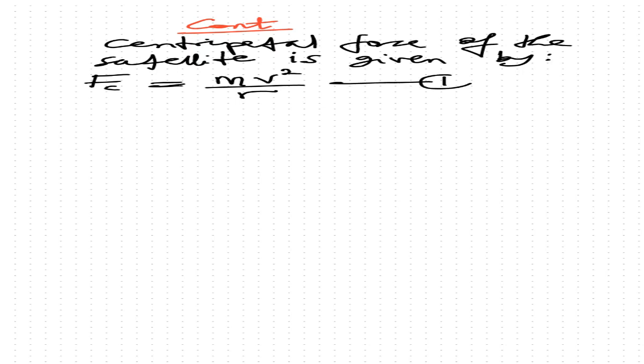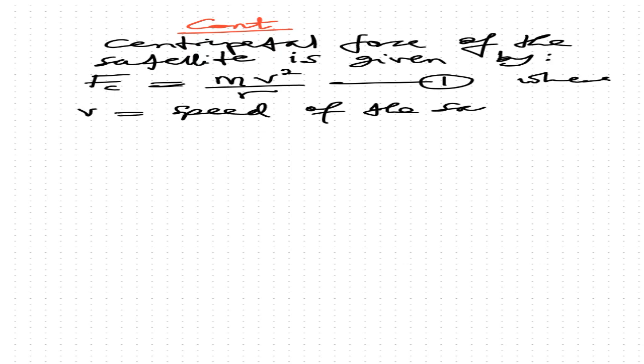This is how we find the centripetal force, where v represents the speed of the satellite, and Fc is the centripetal force.